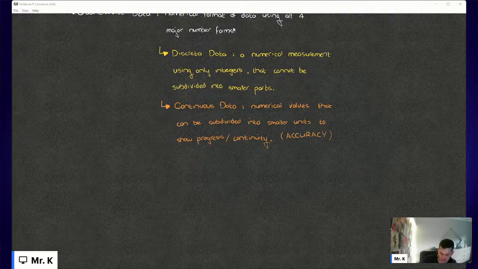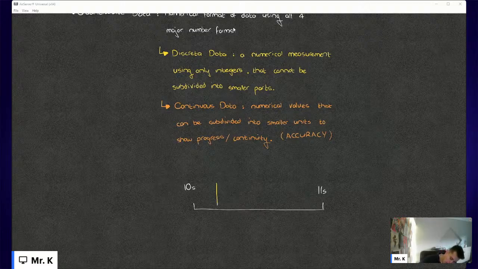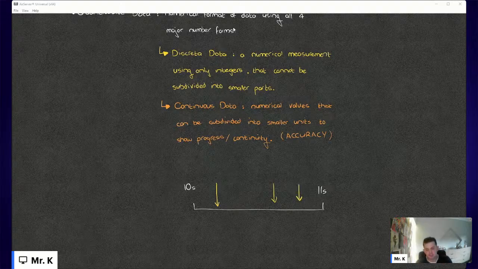It's the reason that, for example, if I look at a swimming race, and we see that this is the 10-second mark and the 11-second mark, I can have 3 different athletes all land between 10 and 11 seconds, right?